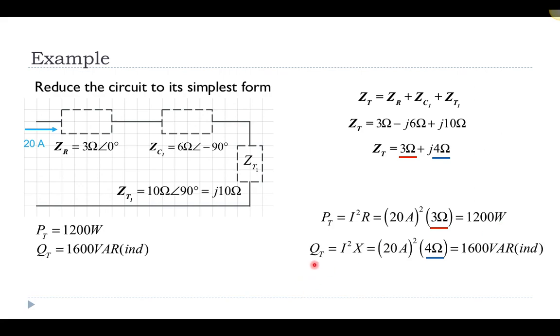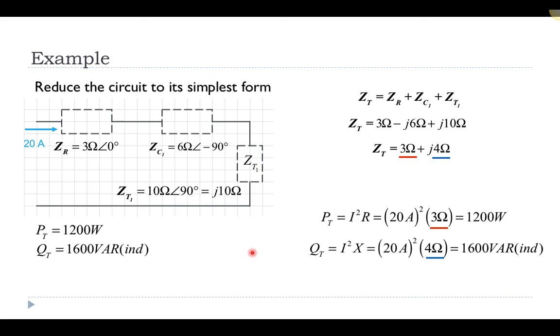Then I can find the reactive power, current squared times the inductive reactance. This would be 20 amps squared, and the reactive piece is 4 ohms. When I multiply that, I get 1,600 VAR, and I know that it's inductive because the total impedance is equivalent to an inductive piece.